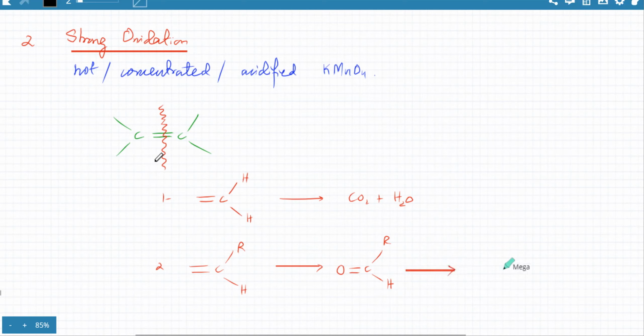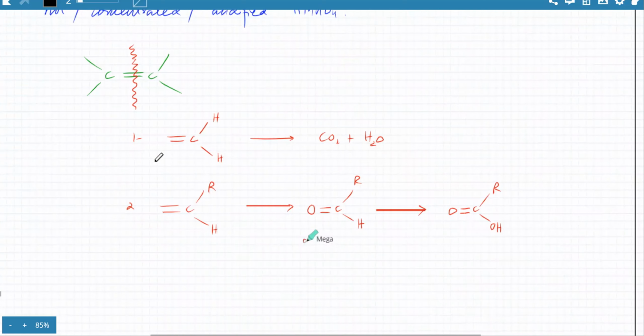So the C would change into R, C double bond O and OH. That's scenario number two. It's going to form an aldehyde, and eventually it would form a carboxylic acid.